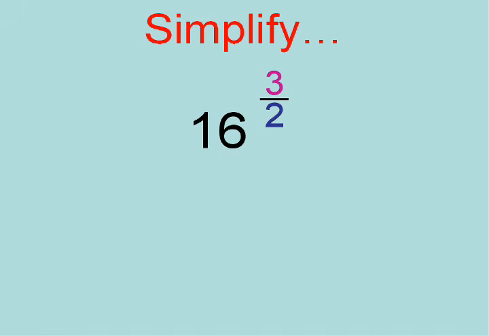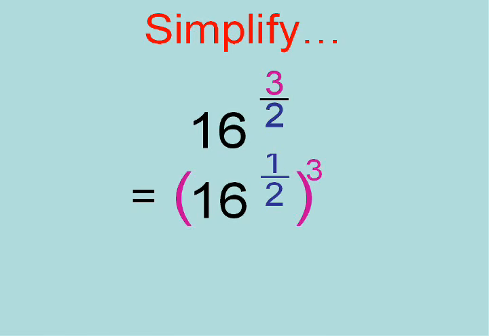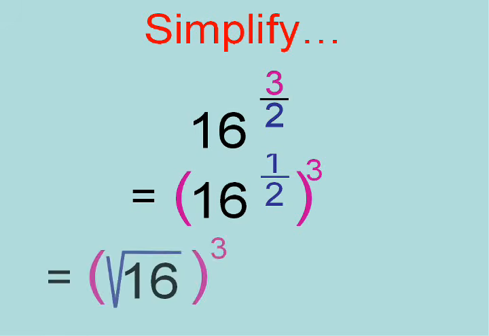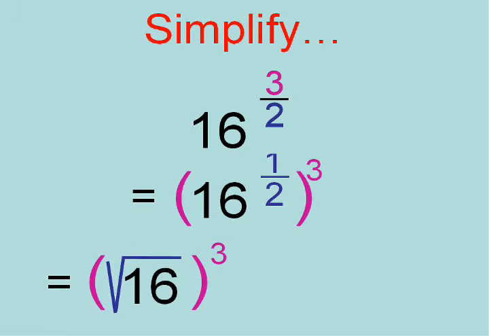That's the root. I want to make it lower first, then the power will make it higher. So I'm going to do the root first, 16 to the half, and then I'll raise that to the 3rd power. Now, recall, 16 to the 1/2 really means the square root of 16.